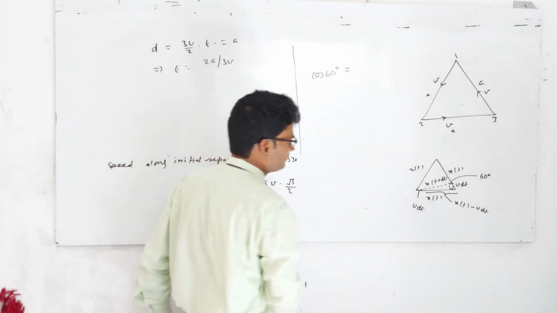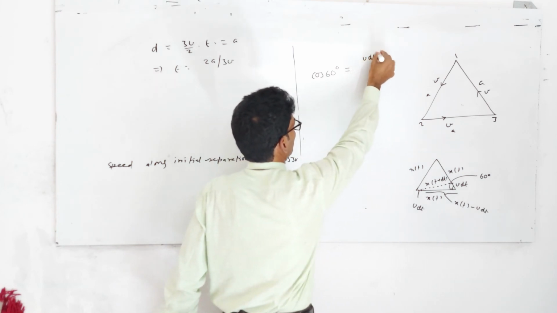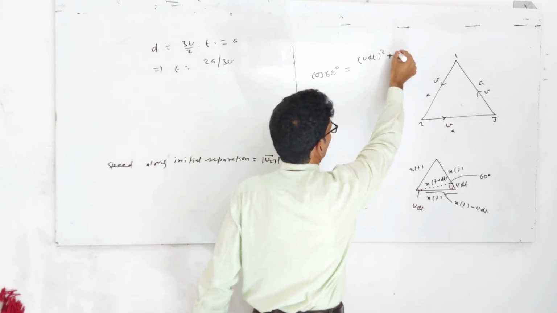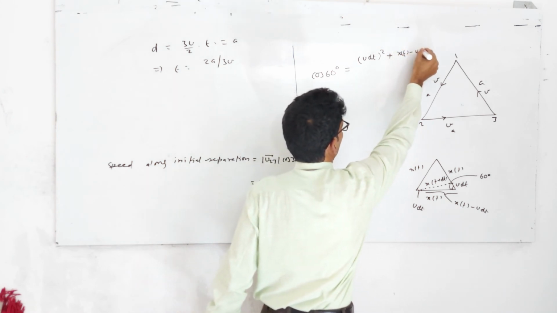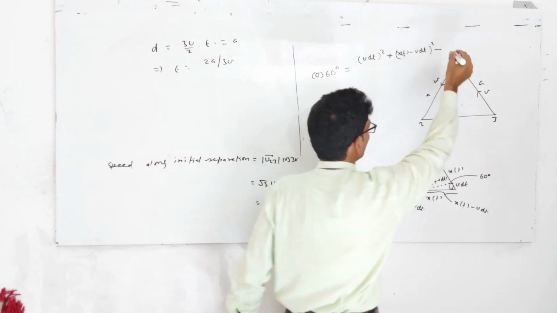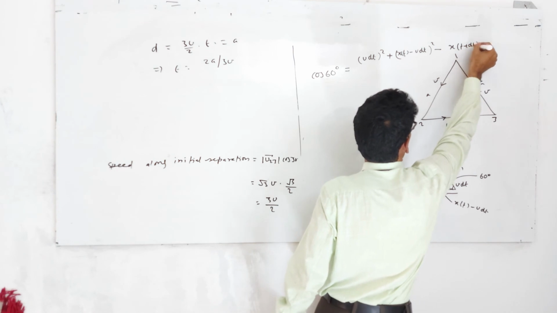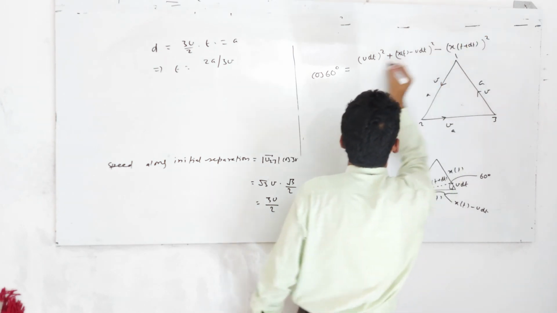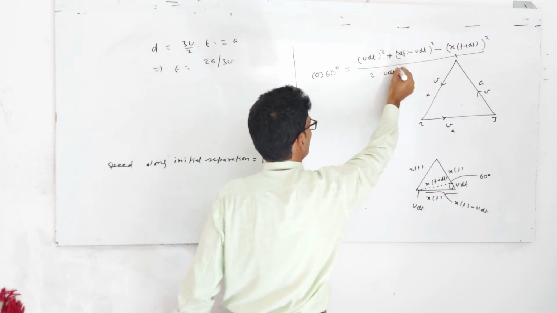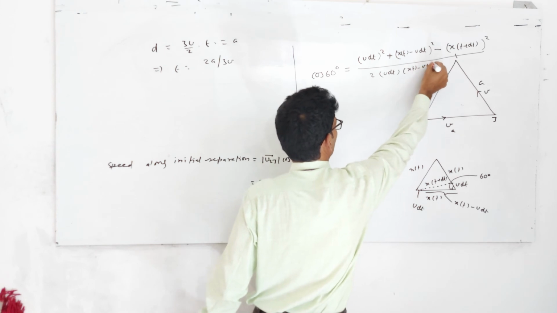Cos 60 degrees equals v dt whole square plus x of t minus v dt whole square minus x of t plus dt whole square, over twice v dt times x of t minus v dt.